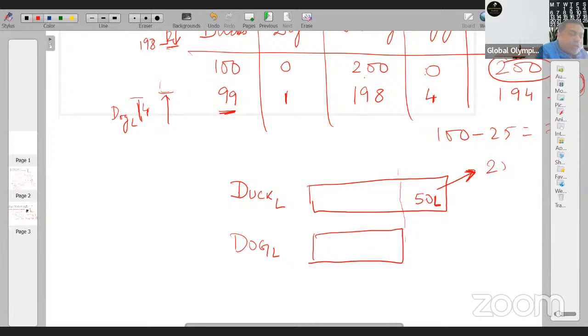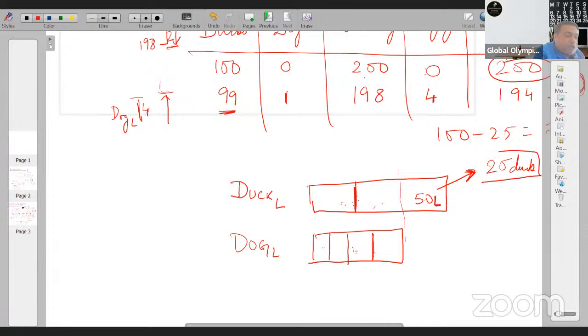It will come from 25 ducks, correct? Now the legs are equal. Now ducks have 2 legs, so divide this by 2. Dogs have 4 legs, so divide this by 4. We can clearly see that the number of ducks is twice the number of dogs for equal legs.